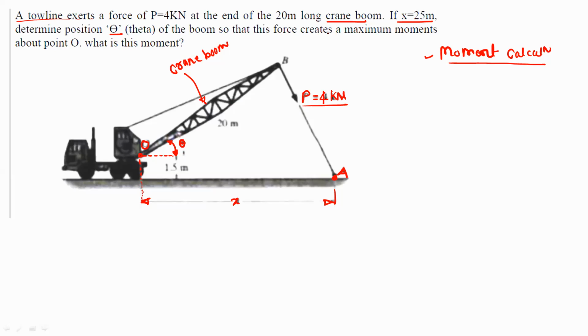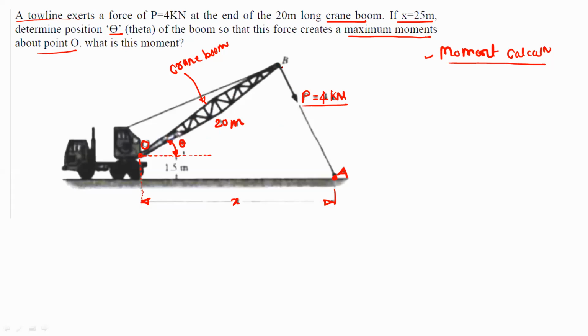So that the force creates a maximum moment about the point O. What is this moment? Okay. So we have to find out the maximum moment about the point O. For that condition, we need to find out the value of theta, that is the inclination of this crane boom with respect to the horizontal. So the crane boom length is given, that is equal to 20 meter.